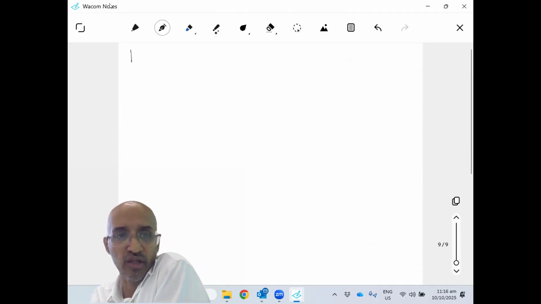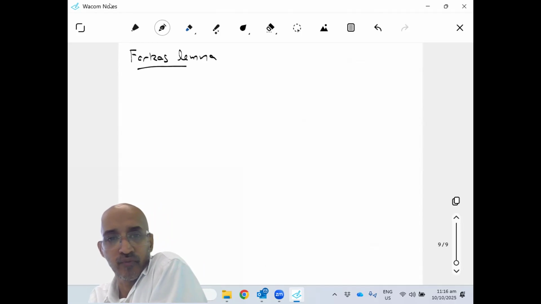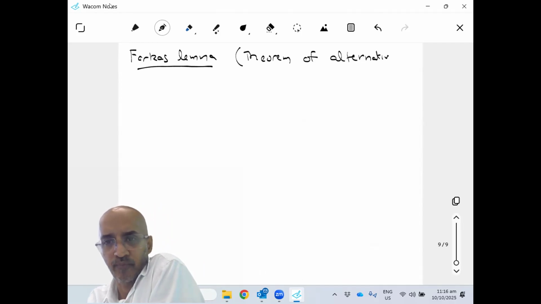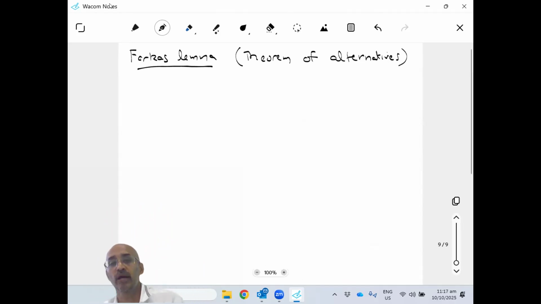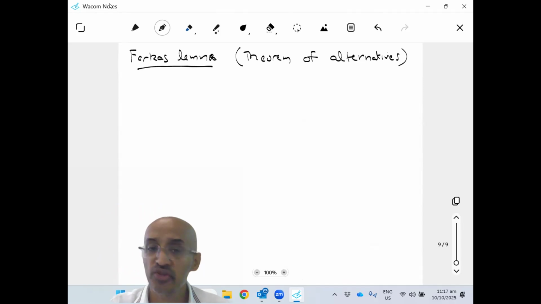So this is called the Farkas lemma. It's also called the theorem of alternatives. It's going to be again an application of duality theory. So let me tell you what the theorem is.